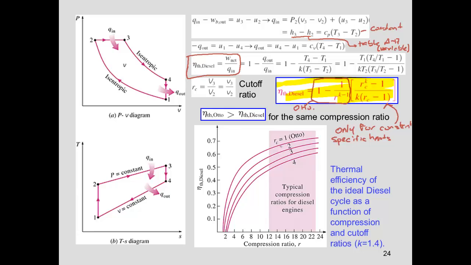And you see the same in this graph. In the limiting case, Otto and diesel will be the same. That means that we don't have any cutoff ratio and you have an instantaneous heat addition. But as you start to increase this cutoff ratio and you separate from the Otto, your efficiency will start to go down this direction. Okay.